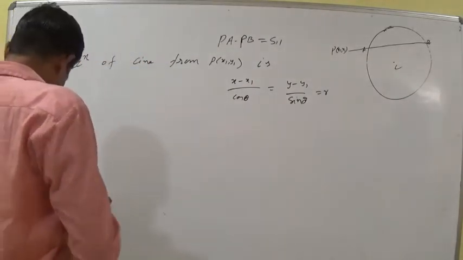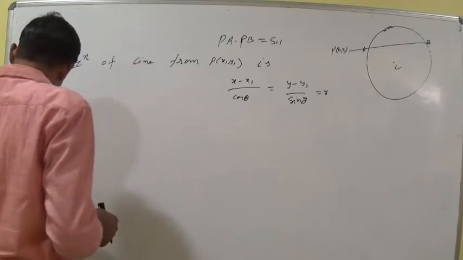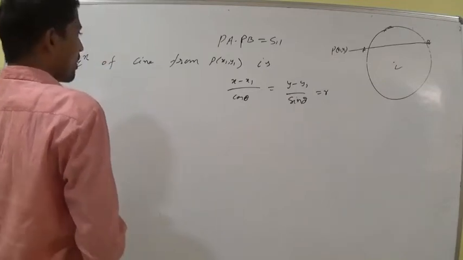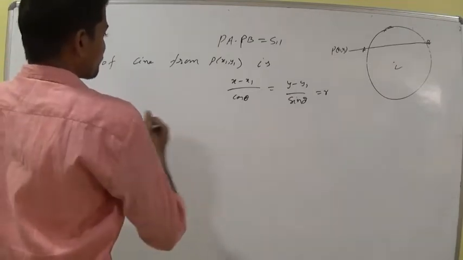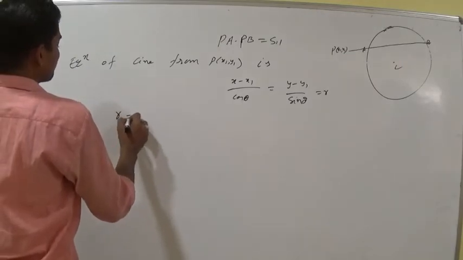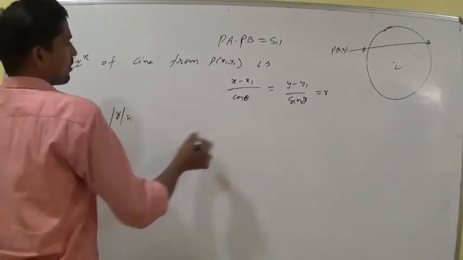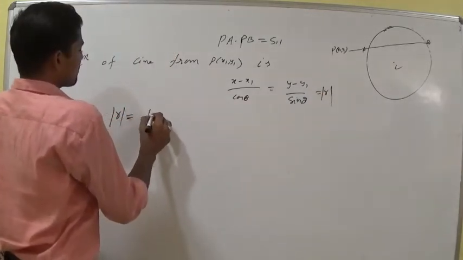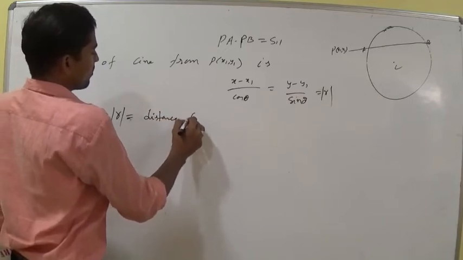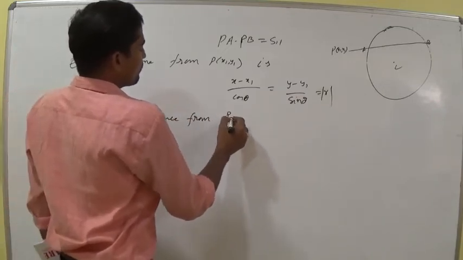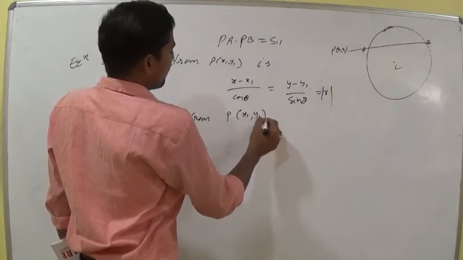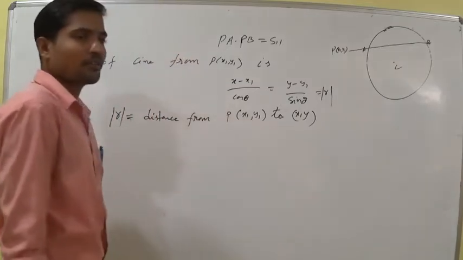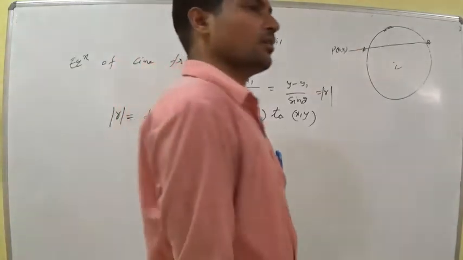And then let us take any point. Modulus of r is equal to the distance from P(x1, y1) to (x, y). (x, y) is a point on a secant.